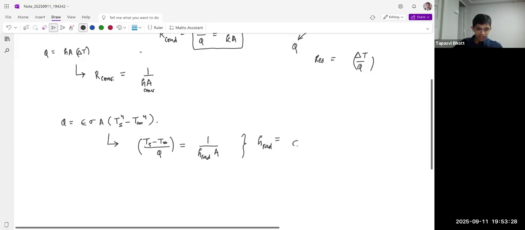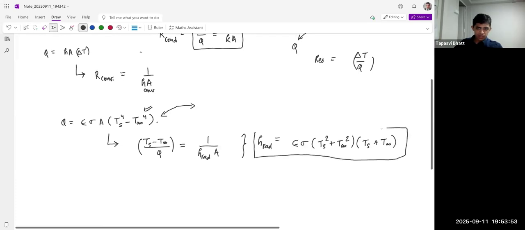H radiation is epsilon sigma (Ts square plus T infinity square) times (Ts plus T infinity). This is the one which I've got. I don't remember exactly, but most likely this equation is correct. Please double check this, but I'm pretty sure this is correct. So H radiation is going to be this, and this is going to be our radiation resistance.